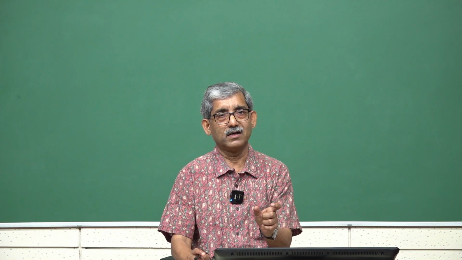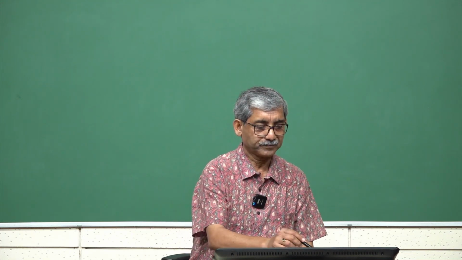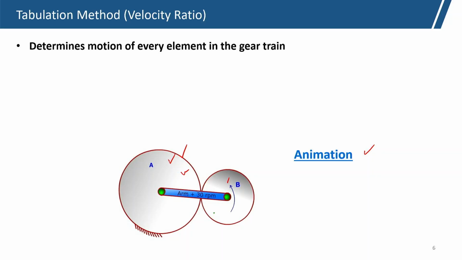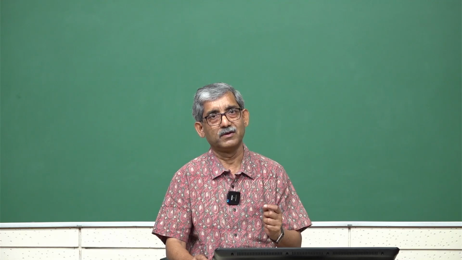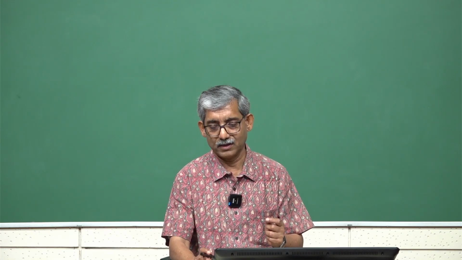A is the sun gear, B the planet, and C is the arm, and there you will see three types of motions: 1 degree of freedom, 2 degrees of freedom and 3 degrees of freedom.